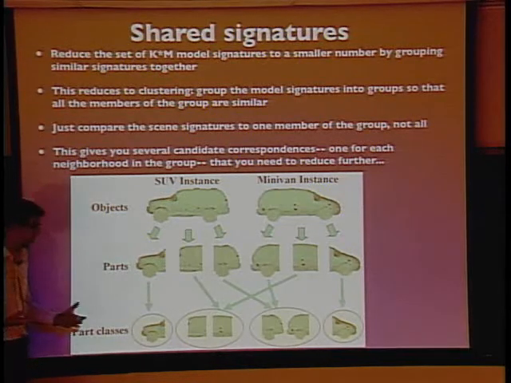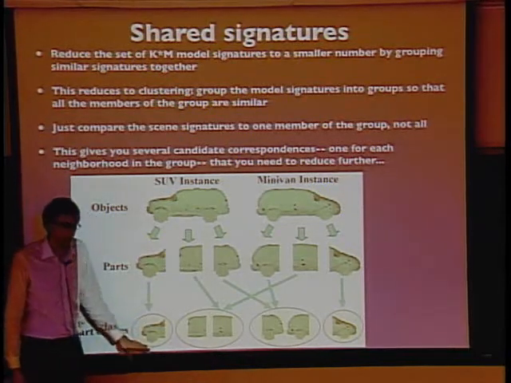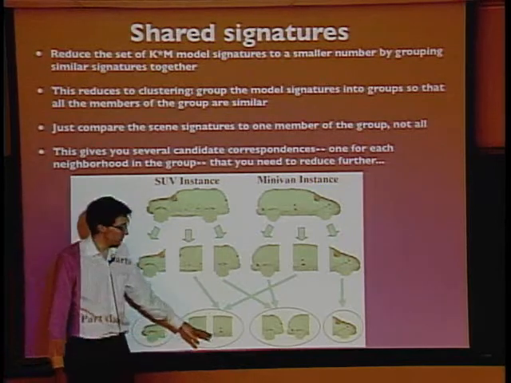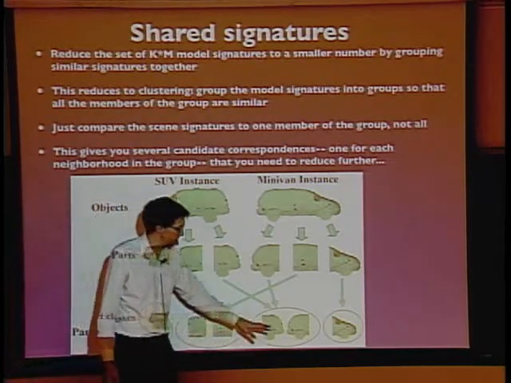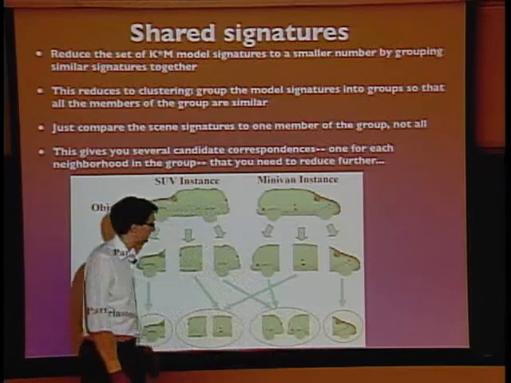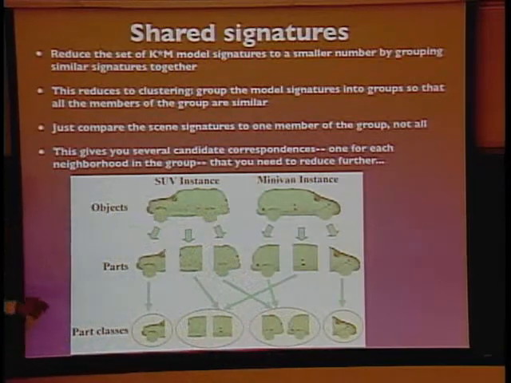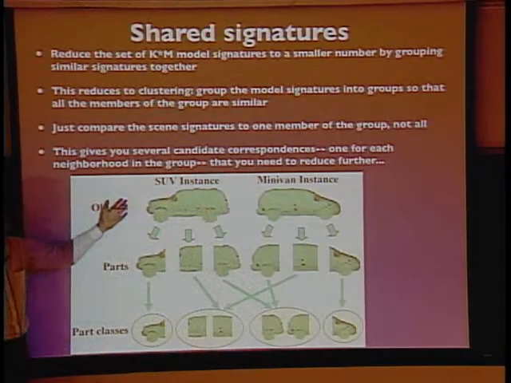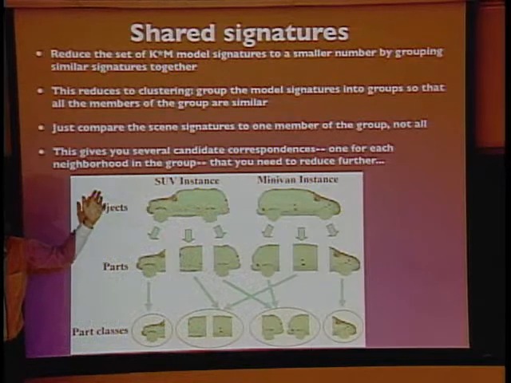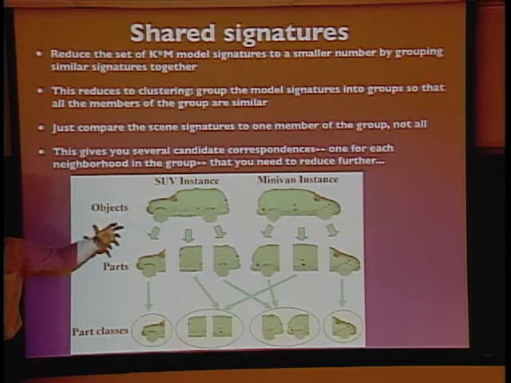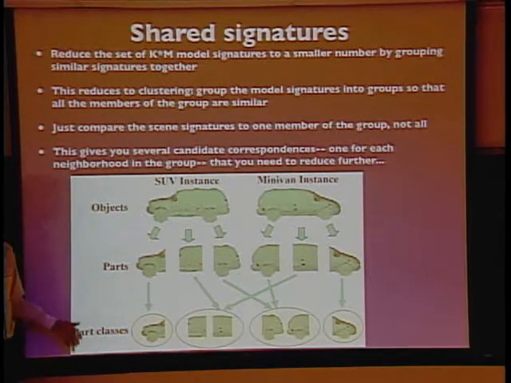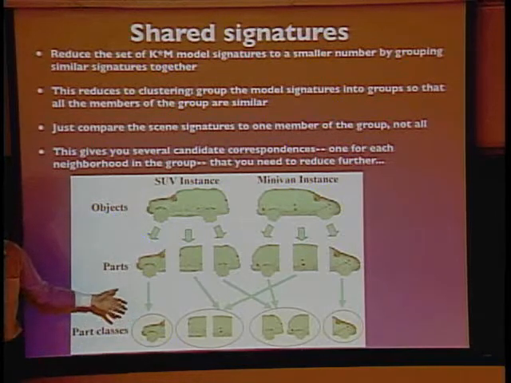The notion, again, is that you're going to have one set of shape signatures for these, one set for these, one for these, and one for these. So if we have, I don't know, 40 different SUVs and 30 different minivans that are all slightly different from each other, we've reduced or condensed them down into 4 sets of shape signatures.